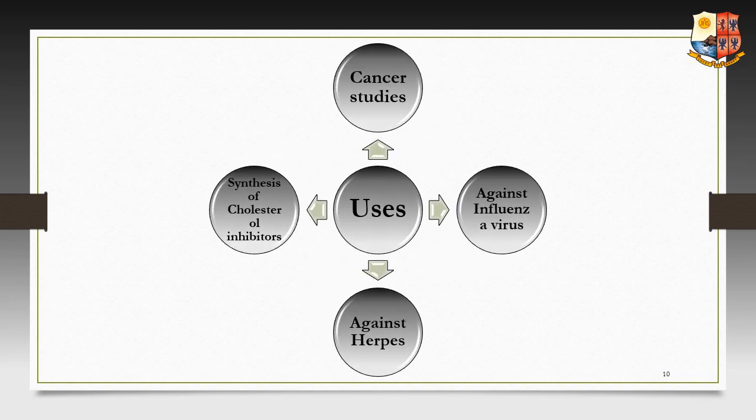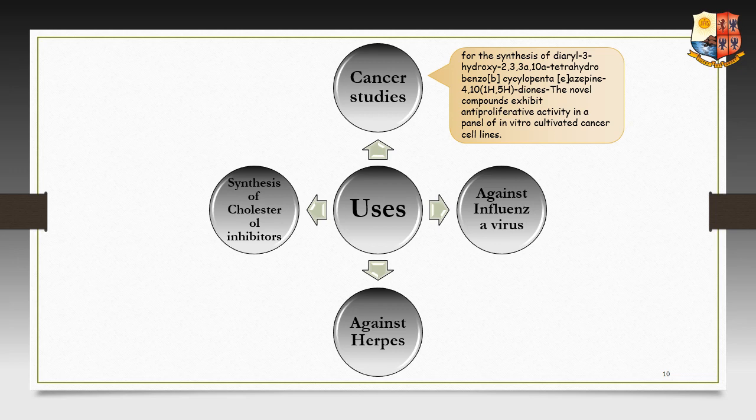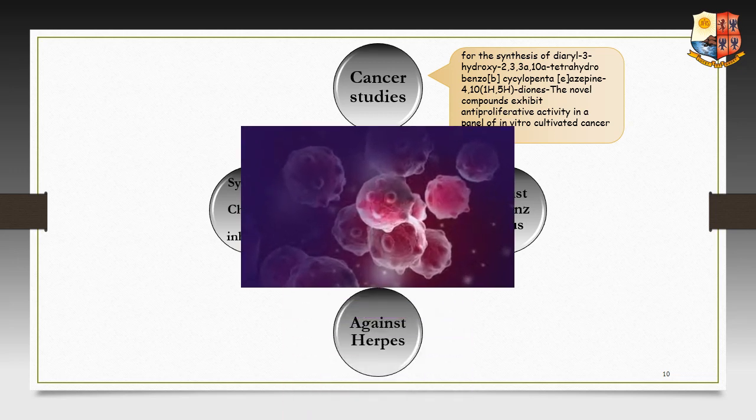Nothing is complete without knowing its uses. So some areas where aldol reactions are used are: first, in cancer studies, for the synthesis of such compounds which exhibit anti-proliferative activity in a panel of in vitro cultivated cancer cell lines.